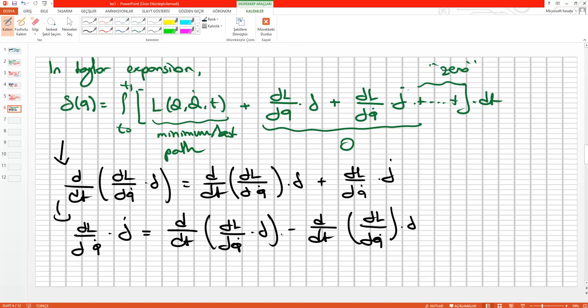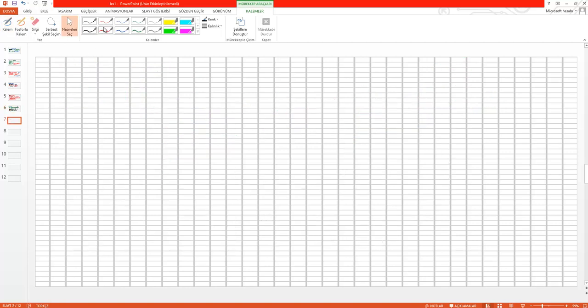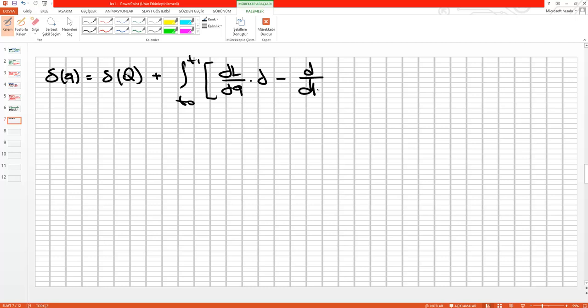Okay? And so if we put it into what? Into this equation in here like this one, we will get the generic representation for our SQ. Okay? And SQ is equal to what? The S bigger Q. This is the best pathway, and its energy. And so we have the integral term in here like this one, dL/dq times delta minus d/dt times dL/dq dot times delta, dt.